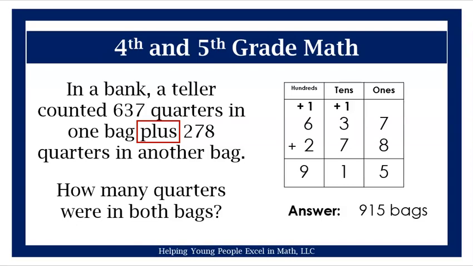We are going to write our 1 down and carry the 1 to the hundreds place. 6 plus 2 is 8, plus 1 is 9. So our final answer is 915 quarters. That is how many quarters we have in both bags.